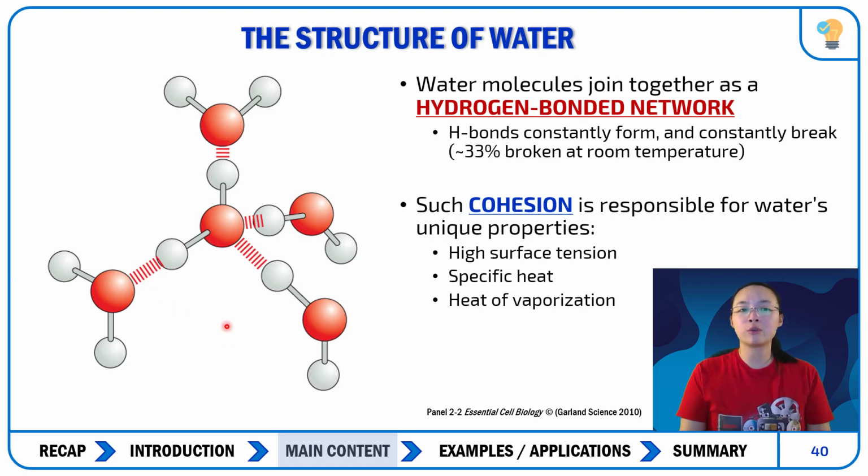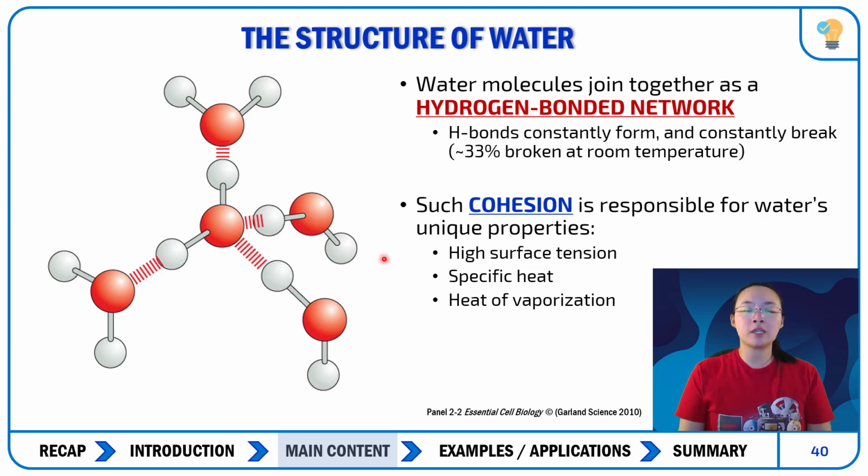It's actually about 2/3 that are constantly hydrogen bonded. So at any one time, hydrogen bonds are going to form and they're also going to break. They are intermolecular forces and considered strong, but also weak and breakable interactions.